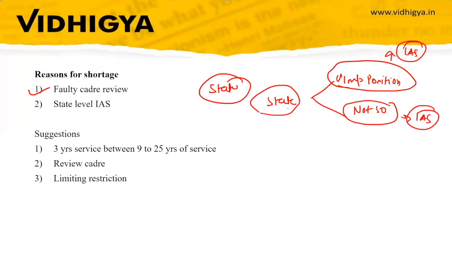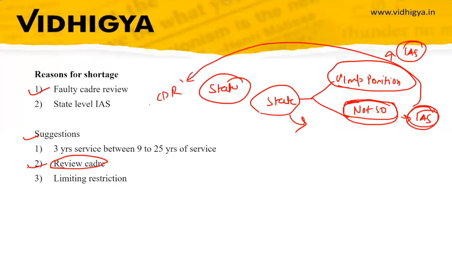Because of this faulty cadre review, more IAS officers are required in the state. So the suggestion is to review the cadre system. Those positions which can be easily occupied by state government officers should not be restricted to directly recruited IAS officers. In this case, more IAS officers will be available for central government deputation, the CDR. So this is one issue.